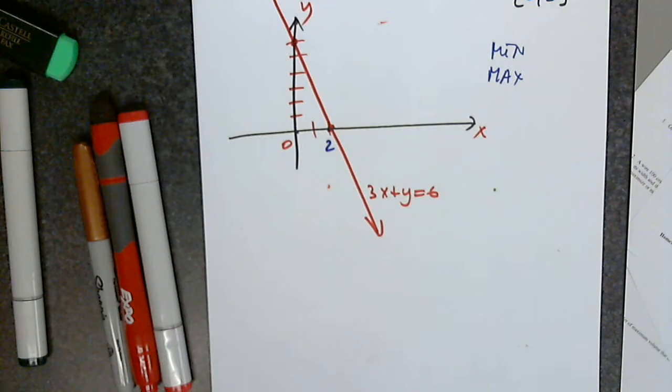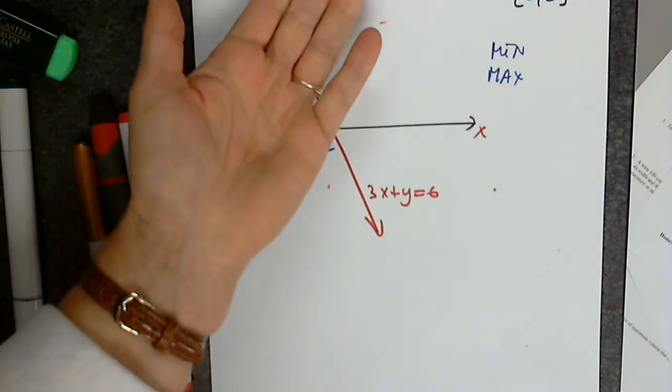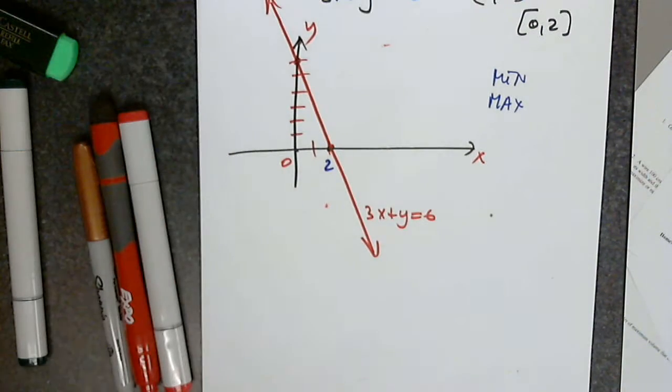In order to find a max or a min, because that's what optimization is all about, I have to have what? I have to have a function. I will not be able to find a minimum or a maximum if I don't have a function. So that's my first step.